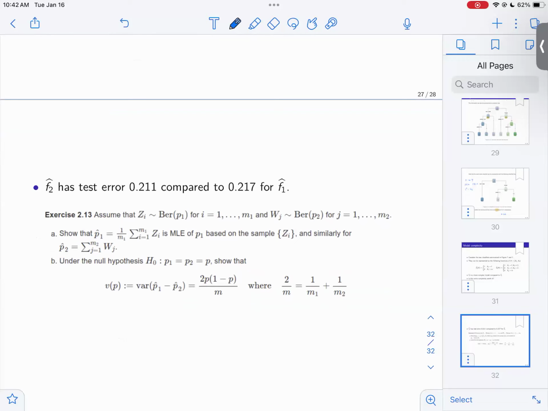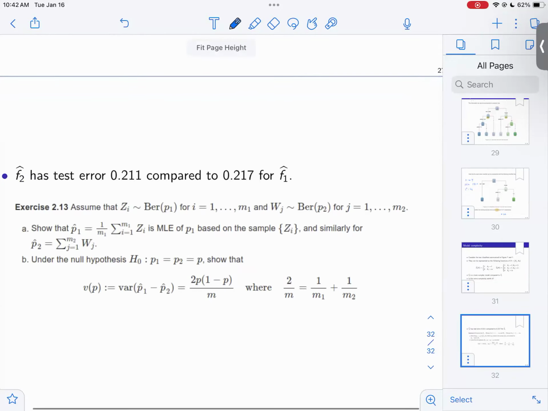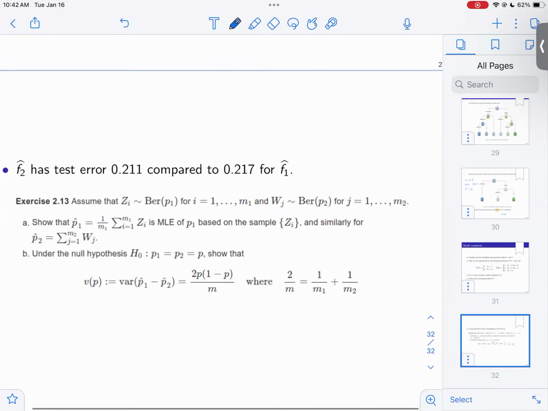And you can do a little statistical test, which maybe I briefly mentioned. If you remember, these test errors are basically an average of indicator values. So the test error was like 1/m, sum over i from 1 to m, indicator of f hat of x_i tilde not equal to y_i tilde.